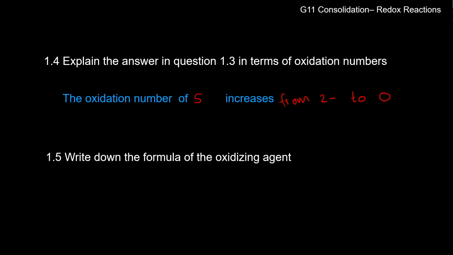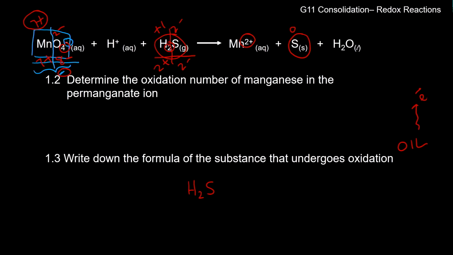Now, write down the formula for the oxidizing agent. The oxidizing agent is that substance which aids oxidation by itself being reduced. We've already looked at that. We've seen that this permanganate ion, or the manganese in the permanganate ion, started off as 7 plus and it ended up as 2 plus. So what's happening? It's becoming less positive.